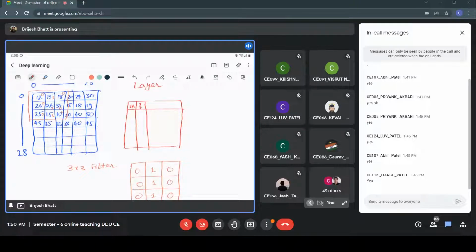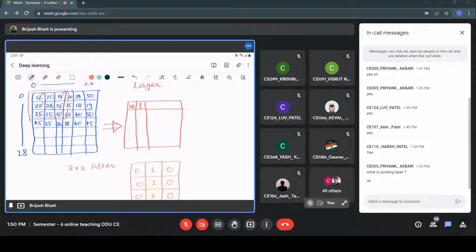If there are no questions, then tell me what will be the value of the second cell where I have put the question mark. Okay, pooling layer is the question. We'll talk about the pooling layer, Priyank. Let's first get through this convolution layer. Then we'll talk about the pooling layer. So what will be the value at the second cell?